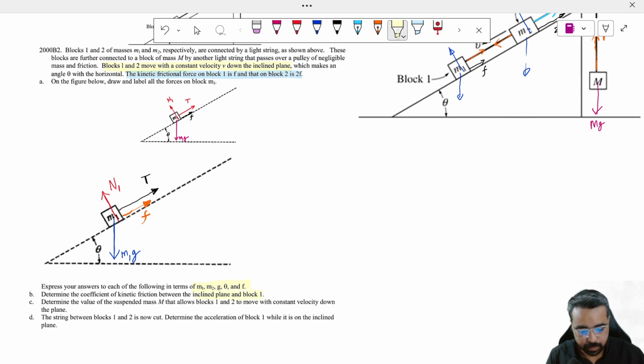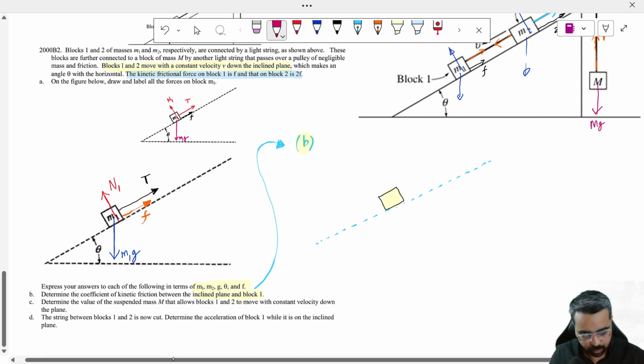Now we will find the coefficient of kinetic friction, but for this we need an equation, and we will get that equation from Newton's laws of motion, because whether it is accelerating or non-accelerating, in both cases you will get an equation. Students, we know that the weight is always vertically downward, and this is our positive x-axis, and in the same manner this is the y-axis.